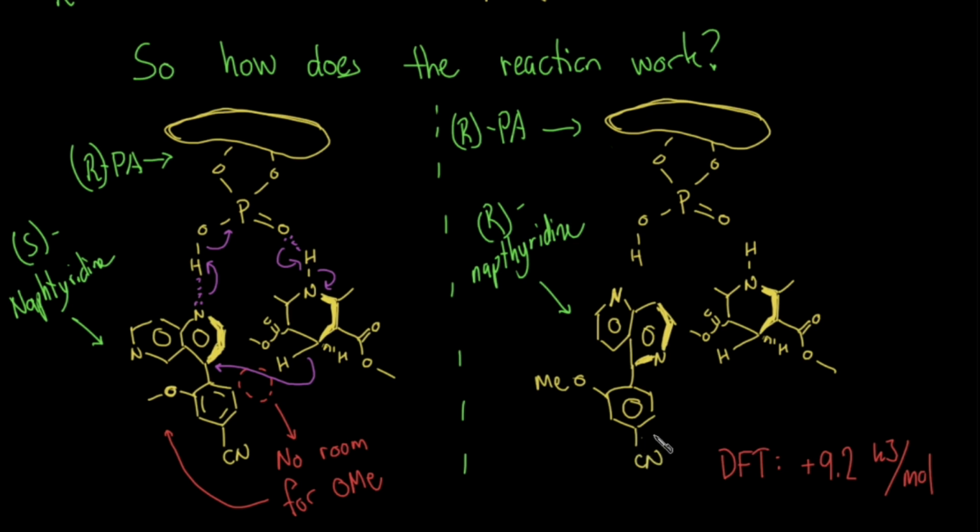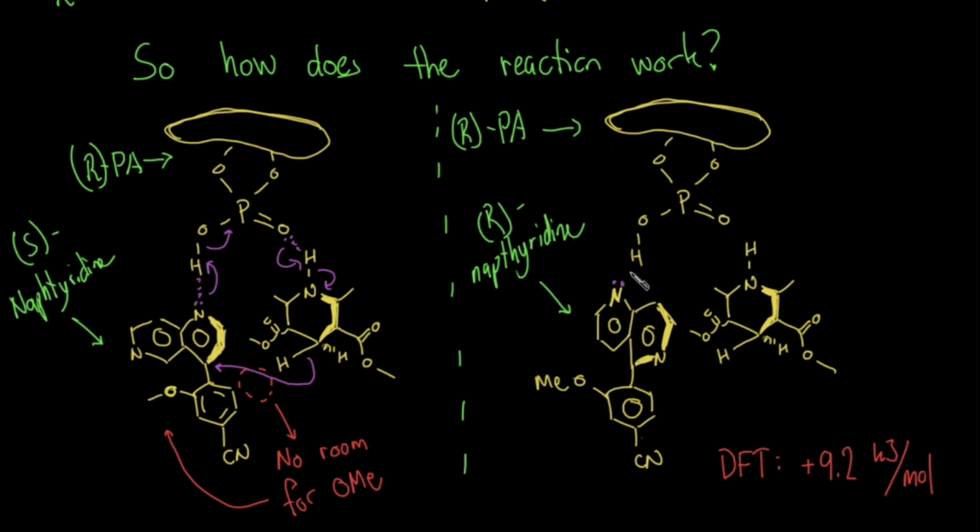If we look at the other case over here, I've drawn out the R-naphthyridine atropisomer. As you can see, this is located rather differently in space as opposed to the S isomer over here, and that is essentially due to a mismatched interaction. So we would refer to this over here as a matched stereochemical interplay between the reacting species, and this one over here is mismatched.